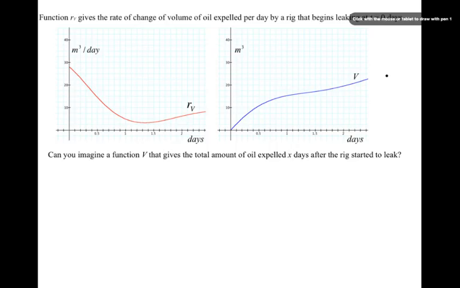So something like this. So what is our goal? Our goal is, given this rate function, we want to know this function exactly, not just a rough sketch. What is this V function exactly, given that rate function? Okay, and so this is starting our 2 or 3 week journey of figuring that out. Okay, so you know how fast a quantity is changing. You want to know how much of it you have. That's where we're going.